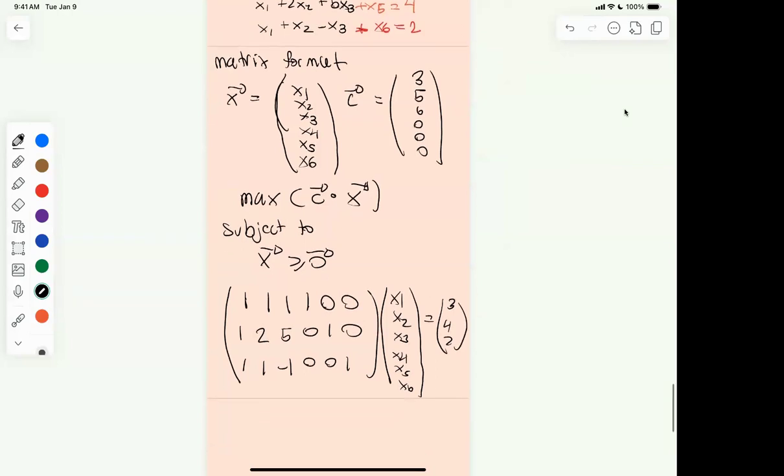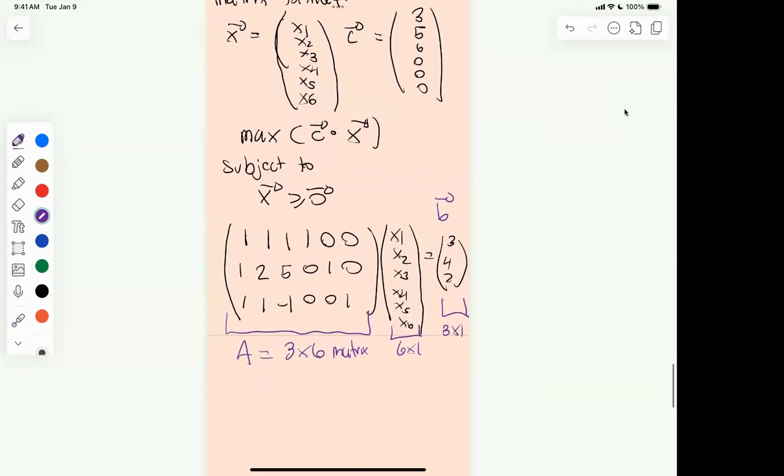So the new A that we will work with is going to be a 3 by 6 matrix, and this is a 6 by 1 vector, so that multiplication makes sense, and the vector b will give you a 3 by 1.